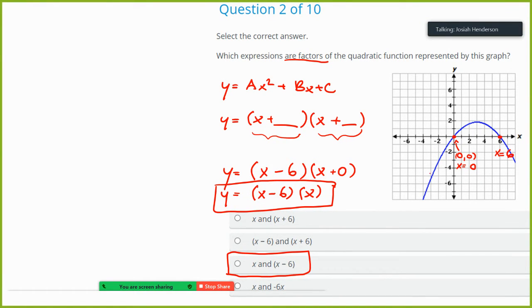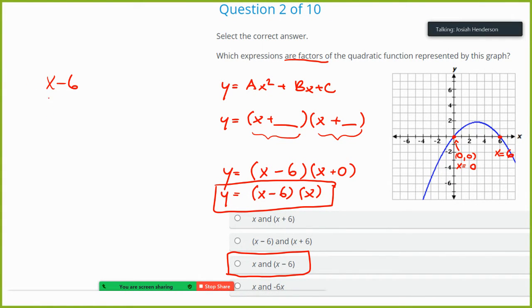So if we're given a picture, a graph of a parabola already made, we can find the zeros just by examining it. Positive 6 and then 0 for this one. And then we can show the factors by switching the signs on those. So if it's positive 6, our factor is x minus 6.